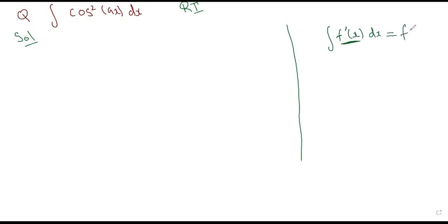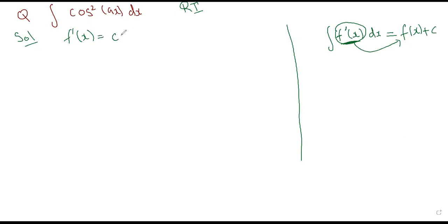And the answer would be f of x. So things are working here in a reverse order. You basically get your derivative function first, and then you need to think of a function whose derivative would be this. So this is how things are working. So again, what is my f dash of x here?